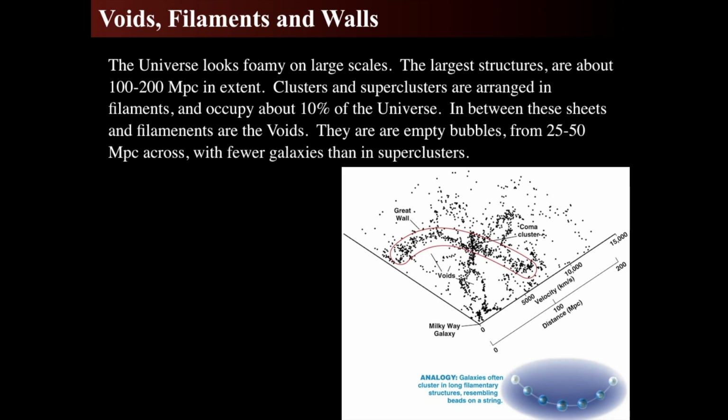So the rest is huge voids, big empty bubbles, and these voids can be up to 100 million to 150 million light years across, or 25 to 50 megaparsecs across, and they have vastly fewer galaxies than superclusters, up to 20 to 50 times fewer, and in fact, they might have none. So the exact number of galaxies inside of voids is not well known.